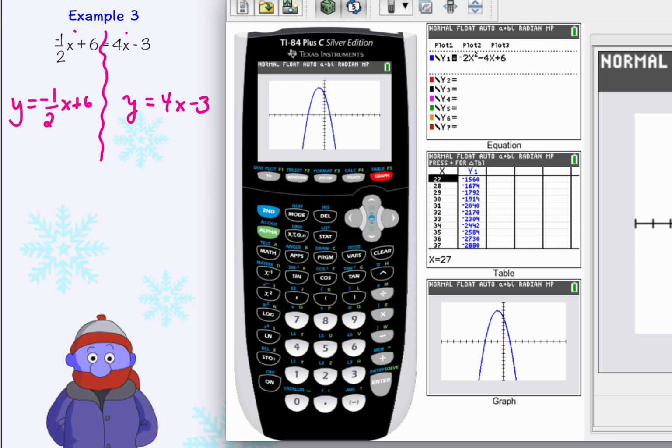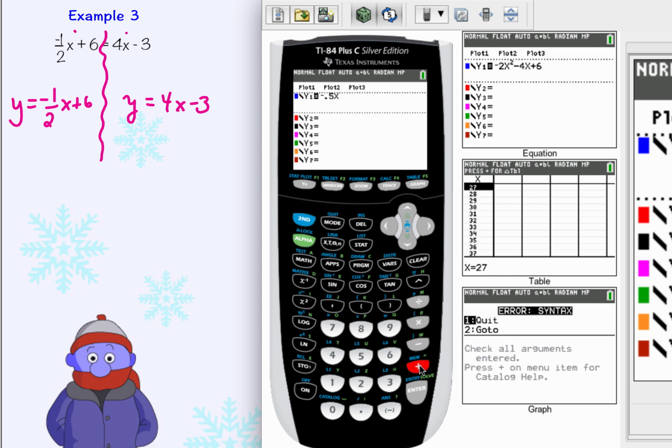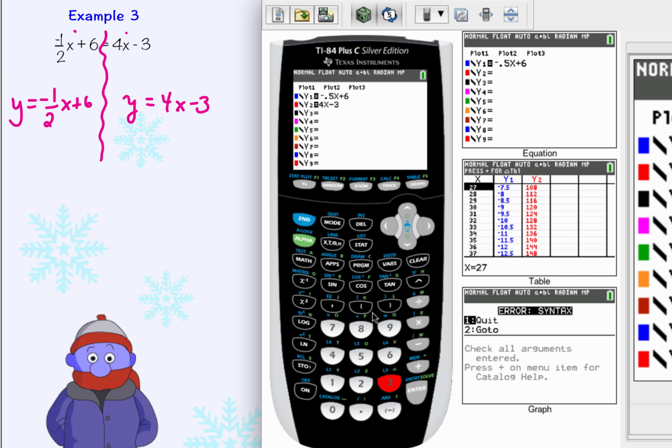I can come over to my graphing calculator and type in negative 0.5x plus 6 as my first graph, and then my second graph is 4x minus 3. Now, both of these are going to be two lines.